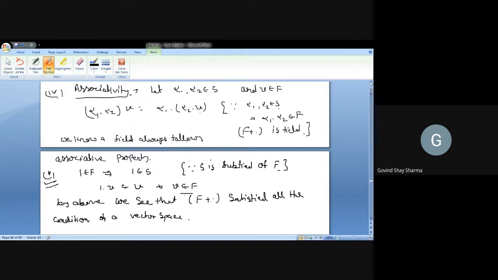So we can say the field F over S is a vector space.